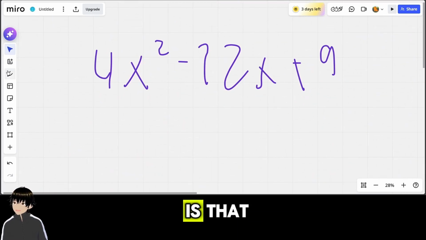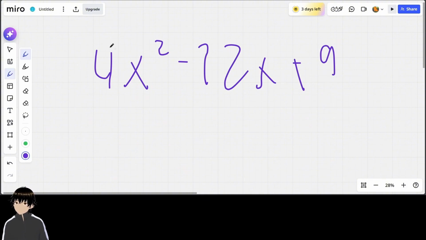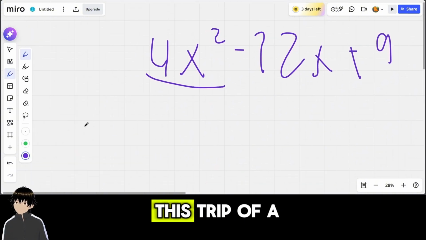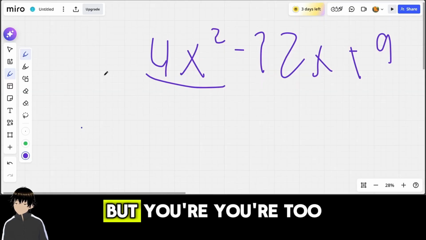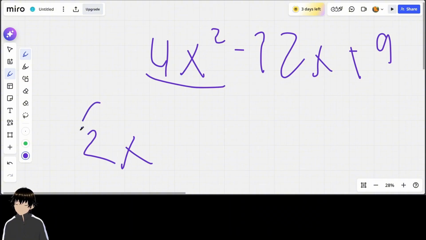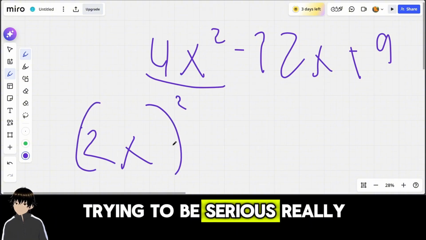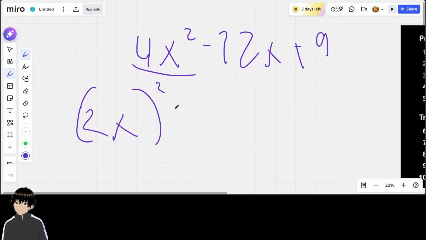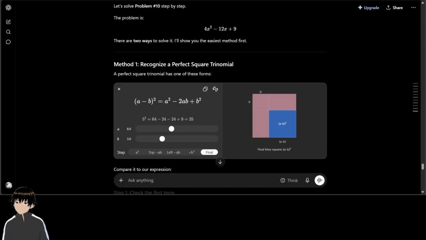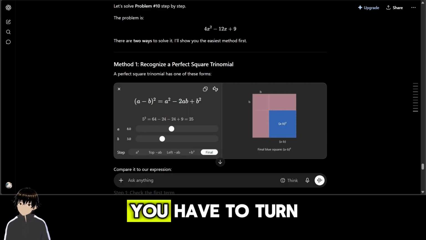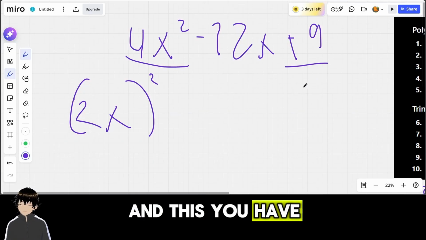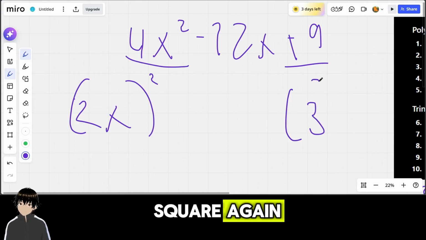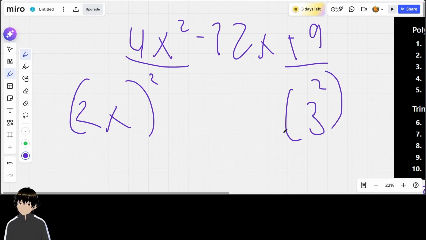And what it basically said is that you have to turn it into this really. And this you have to make it square again.